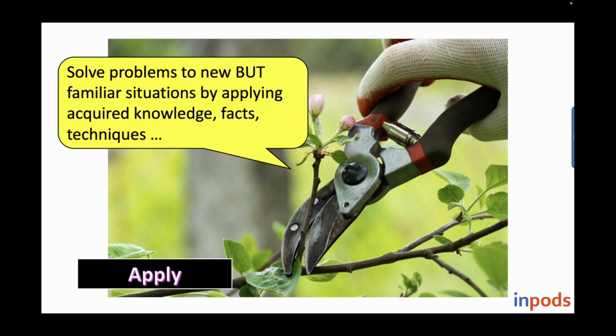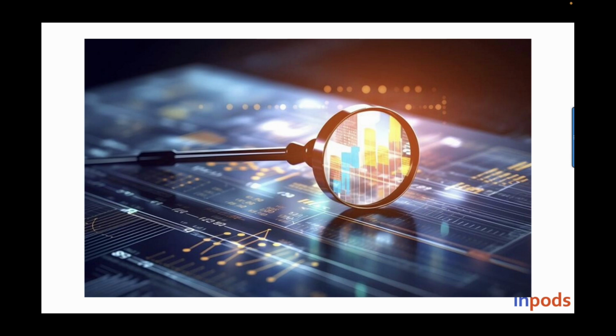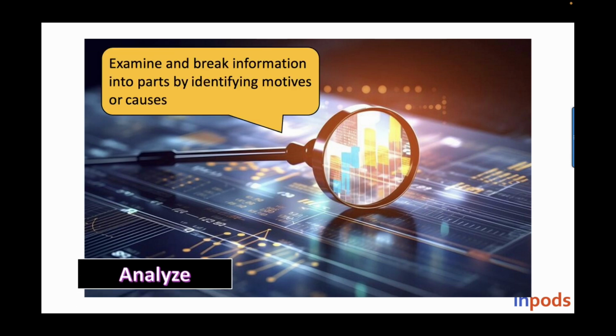This is application, solving problems in new but familiar situations. Familiar is important here, by applying acquired knowledge, facts and techniques. If they are able to apply this in an unfamiliar situation, then it means that they are going upwards in the level of competency. I'm coming to that a little later. It's a very interesting concept.